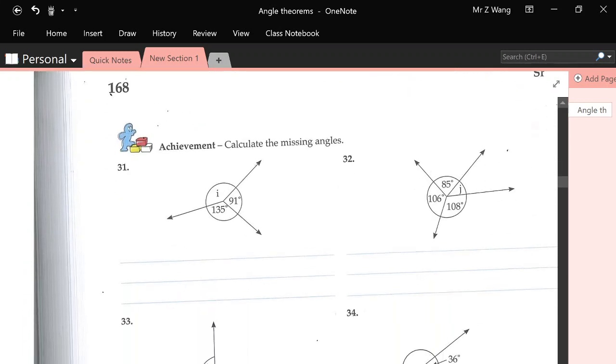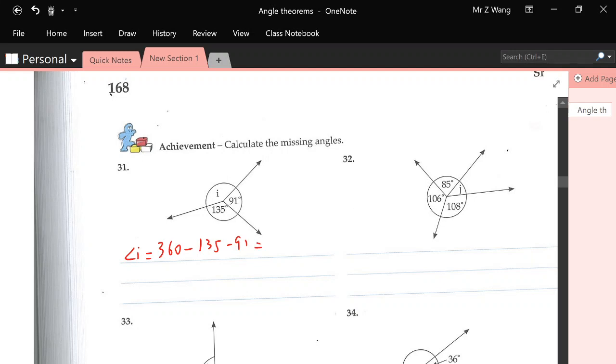Now here, we're shifting to another theorem, which is called angles around a point add up to 360. So now we know this is a full revolution. So angle I equals 360 minus 135 minus 91.